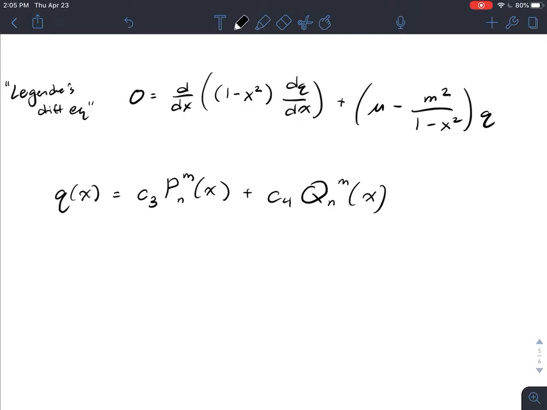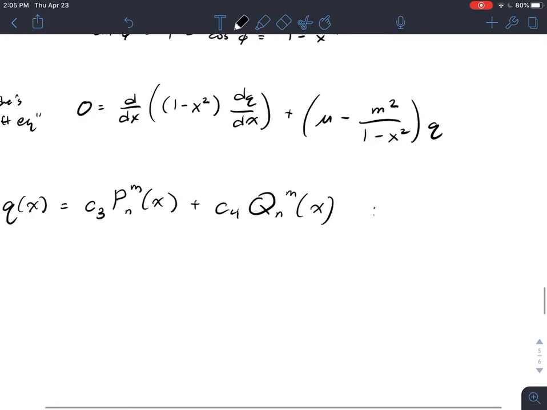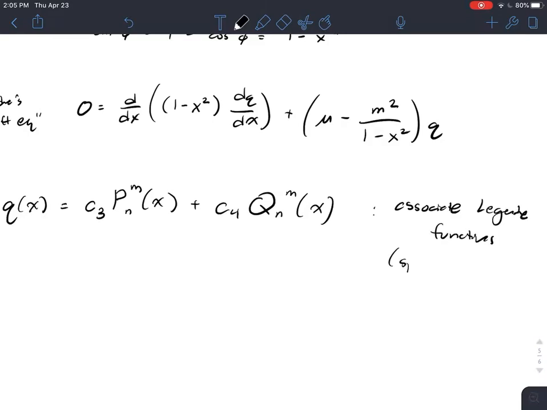So this may be a little bit thrown at you, but hopefully the lecture supplements the more theoretical portion of what P and Q actually are. These are called the associated Legendre functions, also known as spherical harmonics, like the picture I showed earlier.